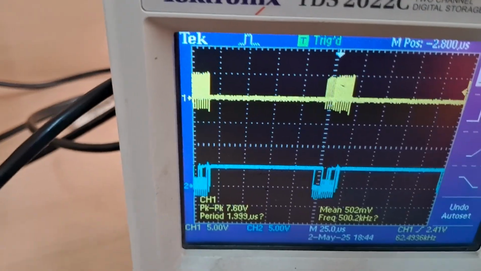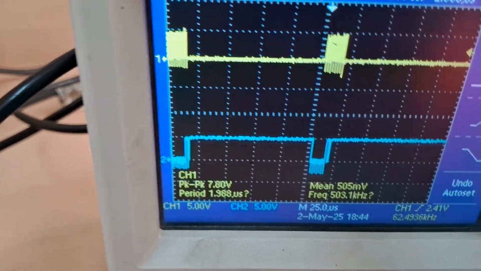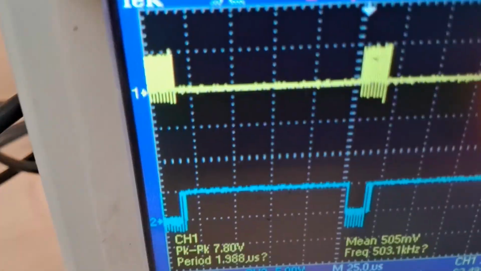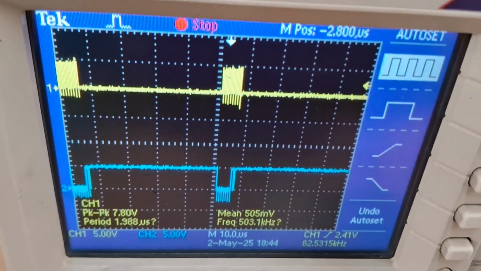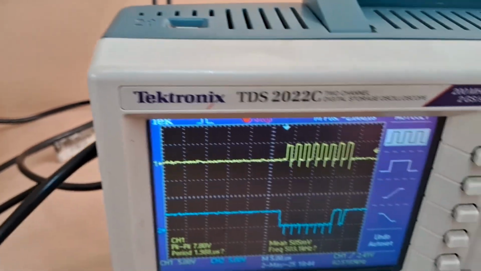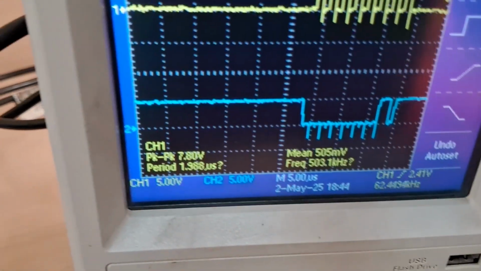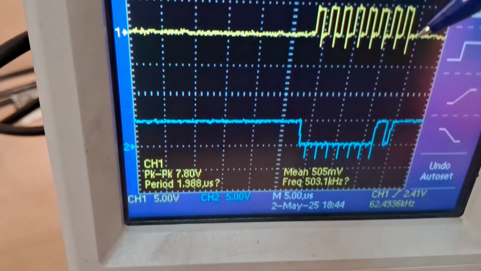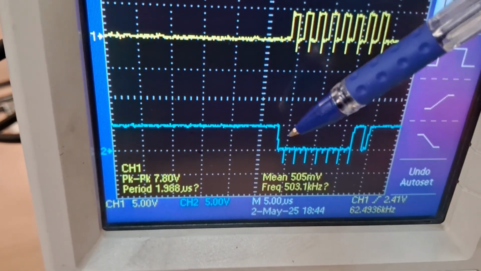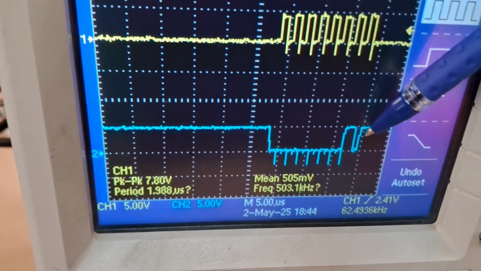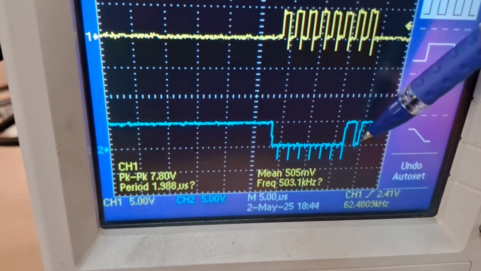What you can see over here is the PCM output synchronized with 8-bit clock pulses. This is the 4040, with 8 clock pulses, and these are the 8 bits which are being converted by the PCM encoder.